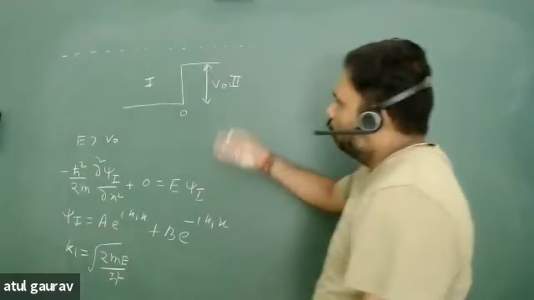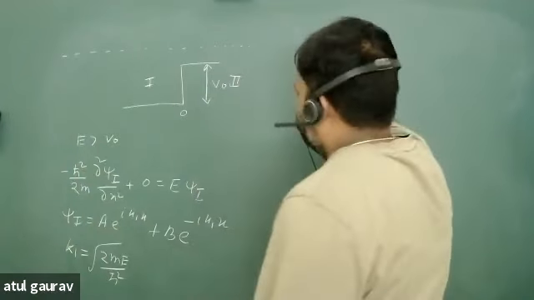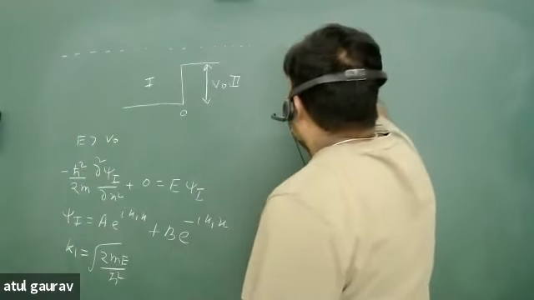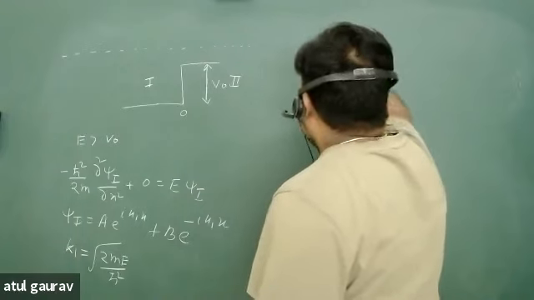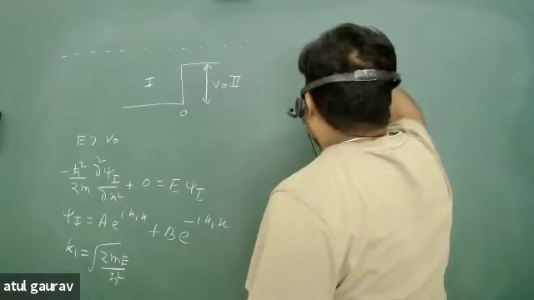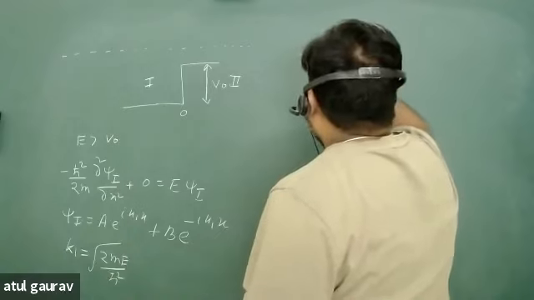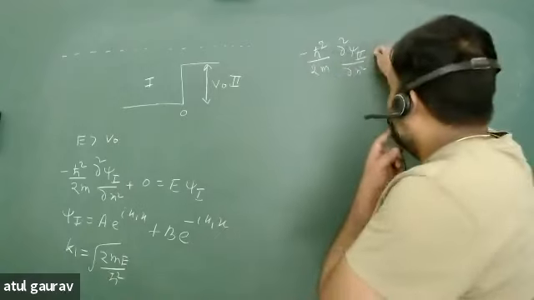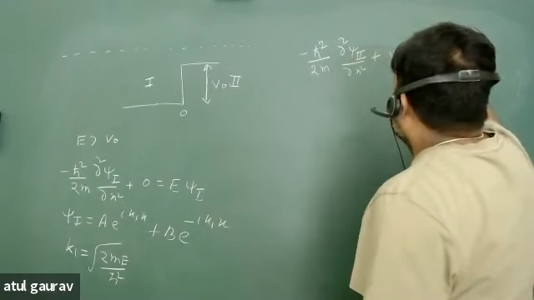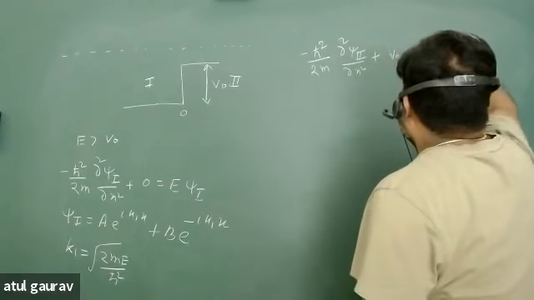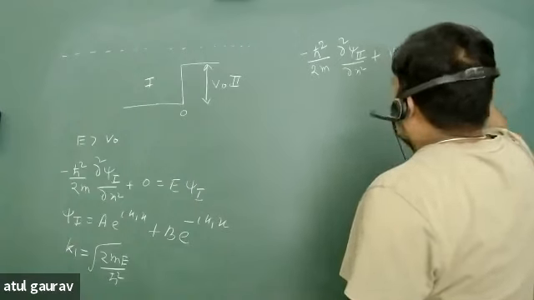Now let's go for region 2. What can you write? Minus h cut square upon 2m, del square psi 2 upon del x square, plus V naught psi 2 is equal to E psi 2. So what can you do?